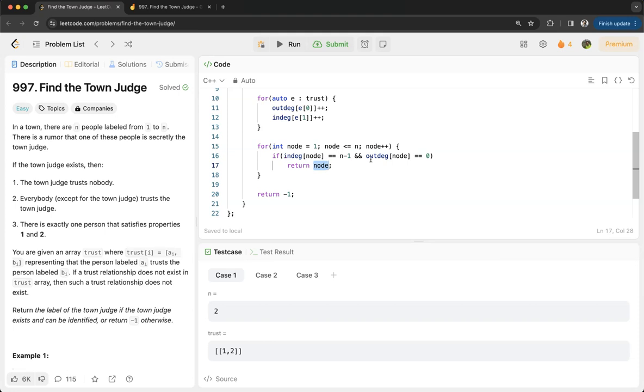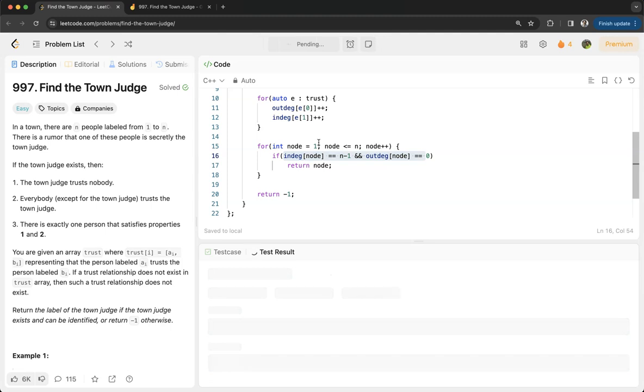Why? Because if you have two nodes with out degree of 0, that means the maximum in degree in your graph is going to be n-2. Does that make sense? Okay, so you will have only one node that has these two conditions satisfied. And let's submit.